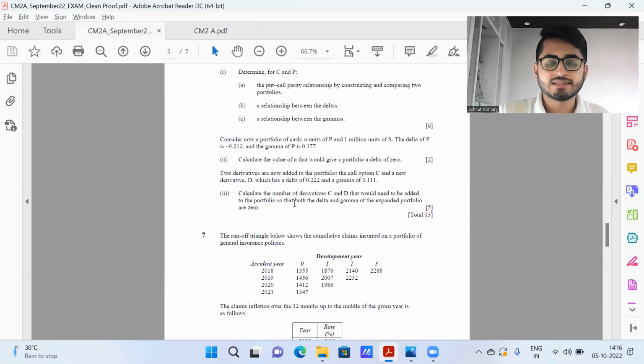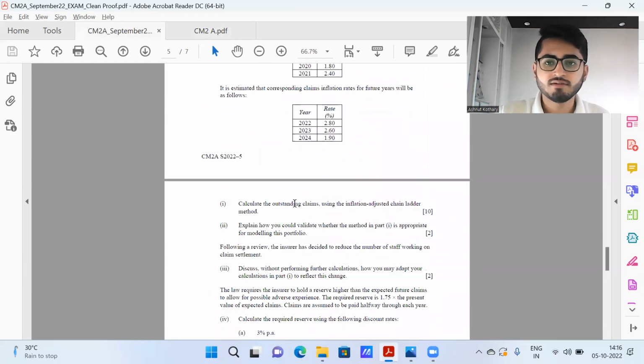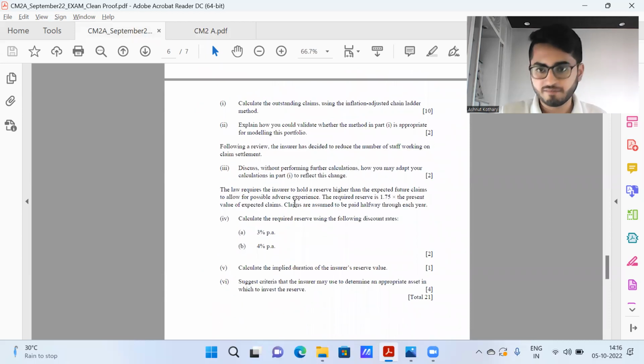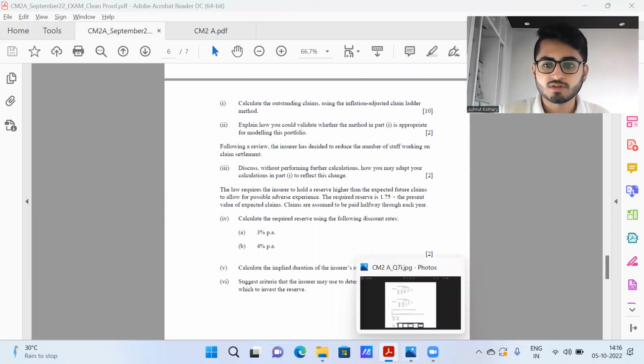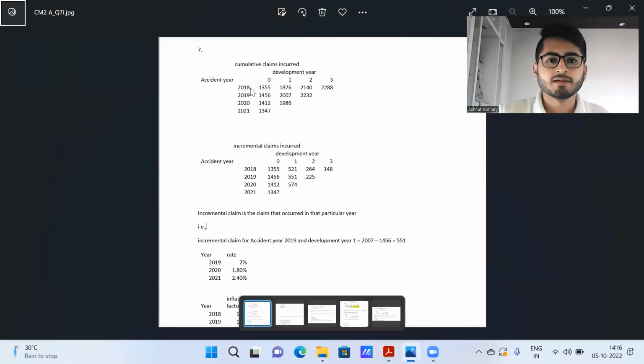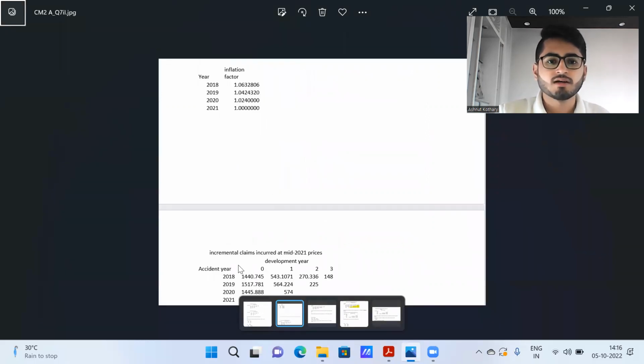Next, we have question number 7, which is of the run-off triangle, a 21 marks question. So let me take you all through the solution for the same. This is the cumulative claims incurred table. This is the incremental claims incurred table. The incremental claim rate has been given. These are the inflation rates.